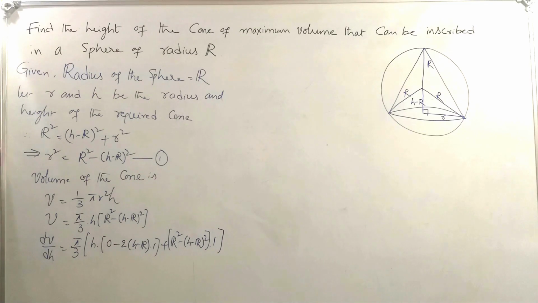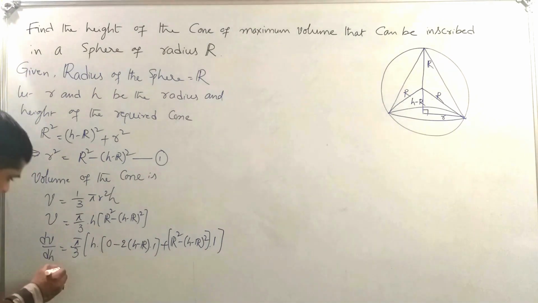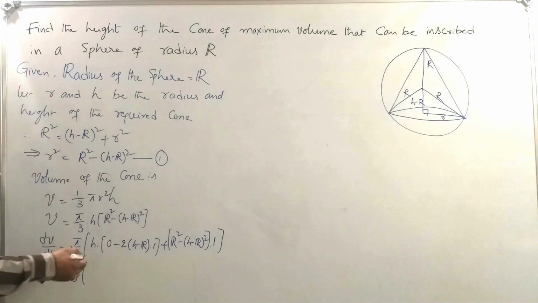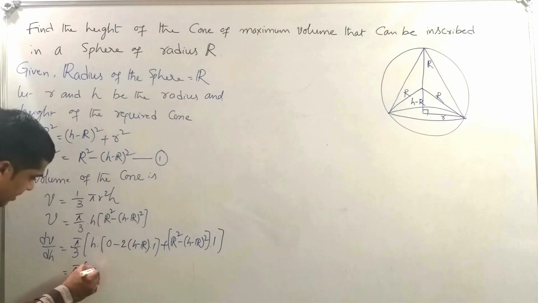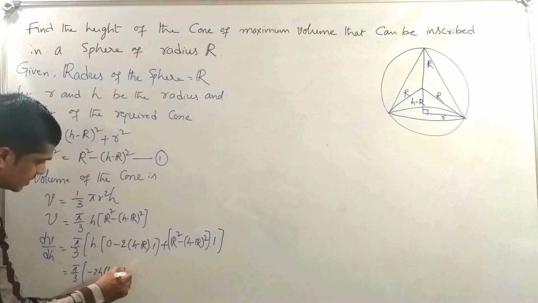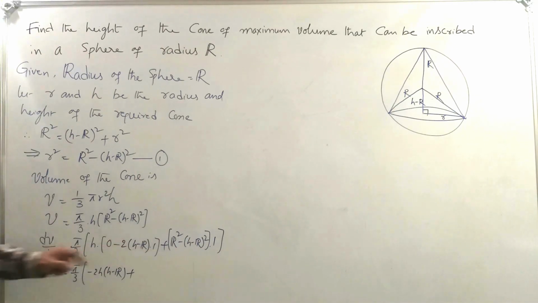Finally, let me simplify this. It is equal to pi by 3 times minus 2h into (h minus R) plus capital R square into 1.